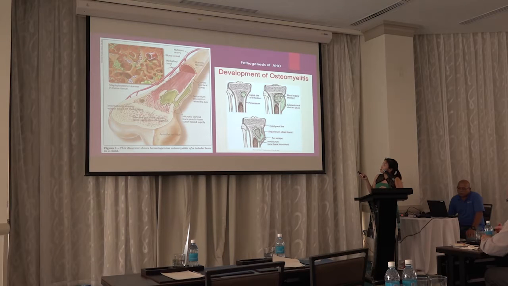After that, you develop a blocked blood supply and then bone necrosis. And when you get the bone necrosis, the area around it reacts, pus forms, it goes out of the periosteal space. And then in chronic osteomyelitis, you form new bone, which we call the involucrum.